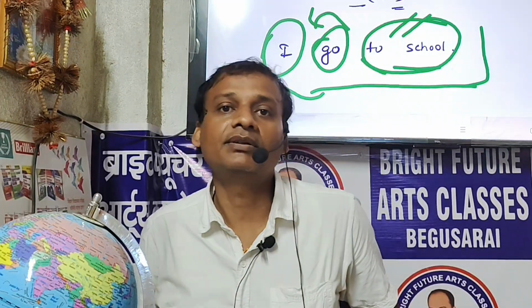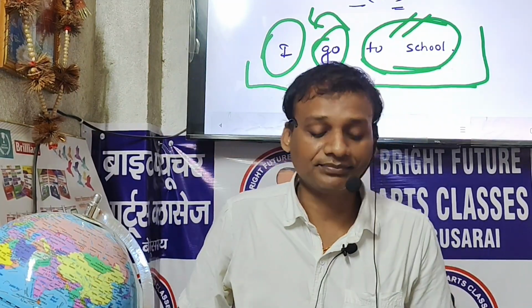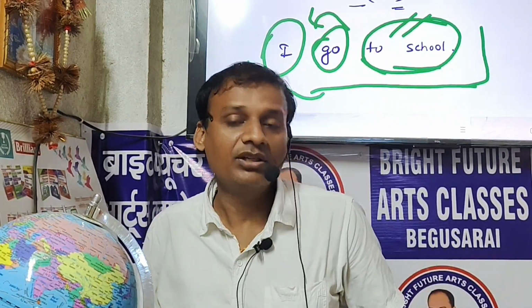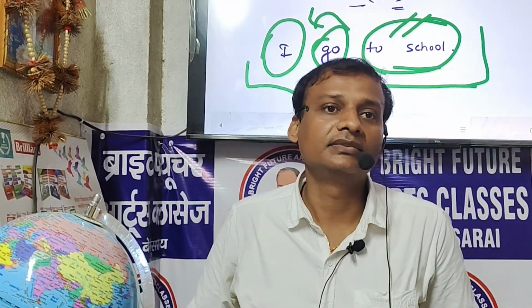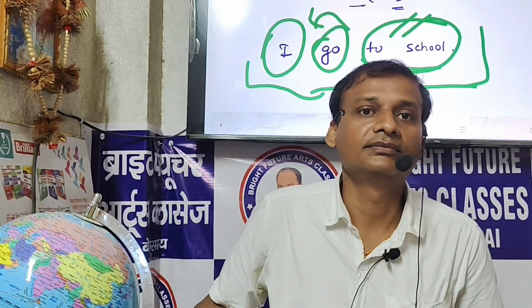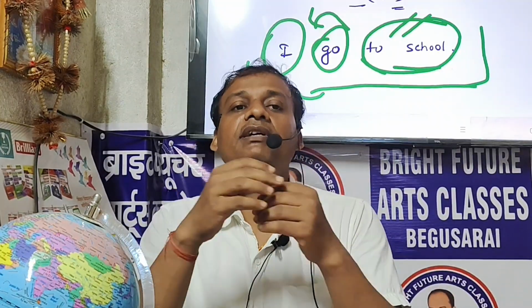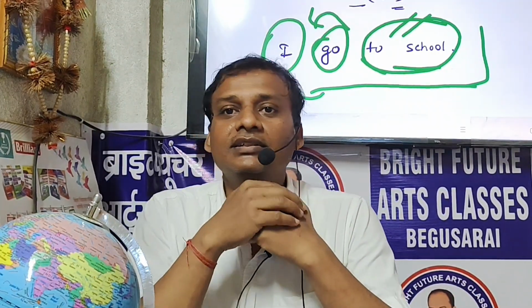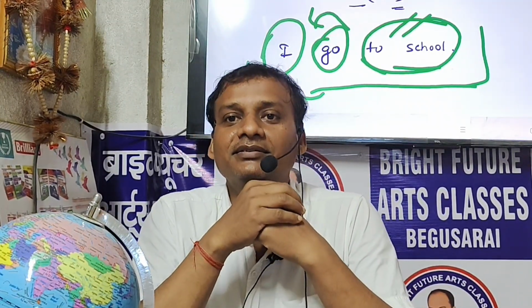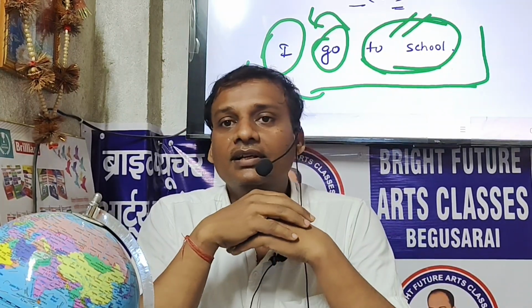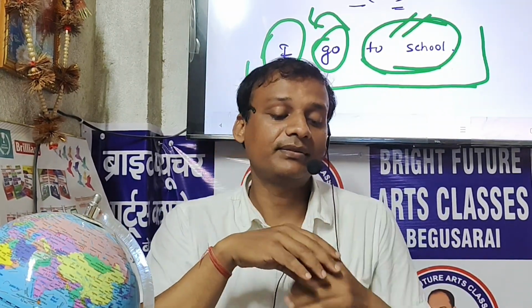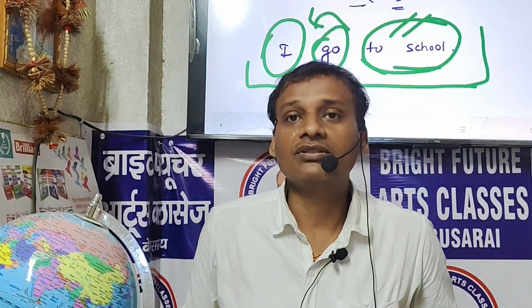Subject, first form of the verb, and object. Can you repeat with me? All of you know this? Yes or no? Yes. Okay. Subject, first form of the verb with S or ES, plus object.